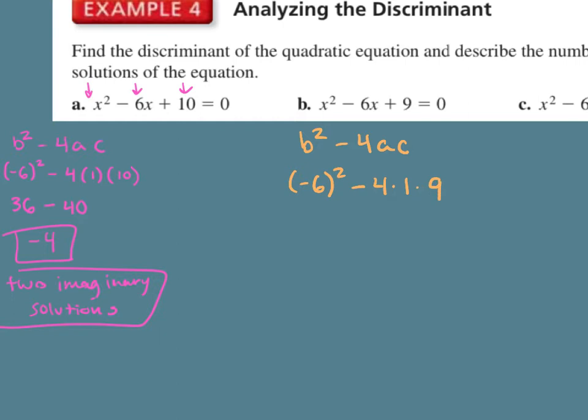So -6 squared is positive 36. Minus 4 times 9, which is 36. 36 minus 36 is 0. So our discriminant is 0. What does this tell us about our solutions? One real solution. So we're only going to have one real solution here.